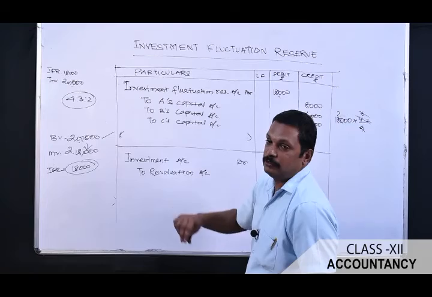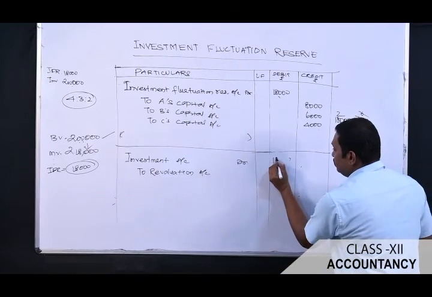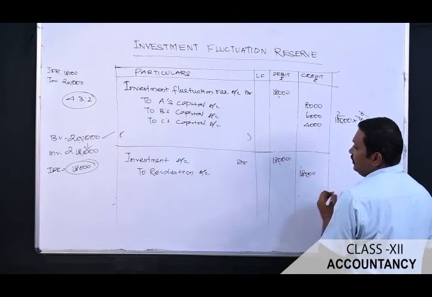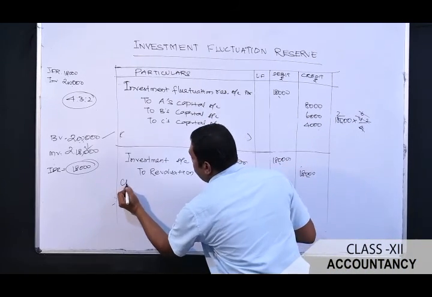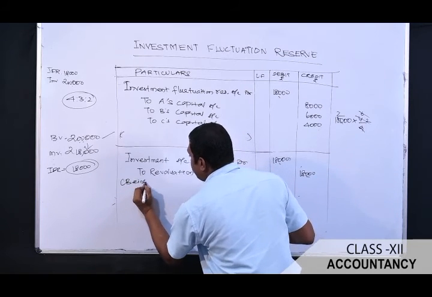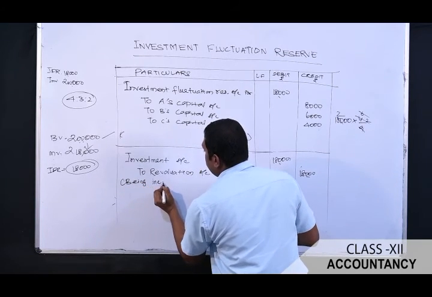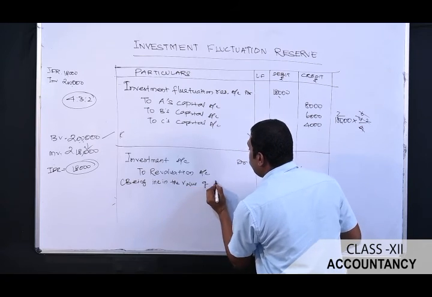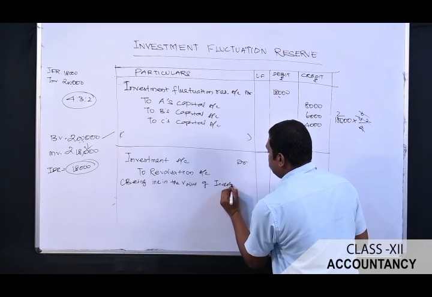There is an increase of 18,000, so 18,000 is the increase in income in the market value, so we transfer it to the credit side of revaluation account, being increase in the value of investment.